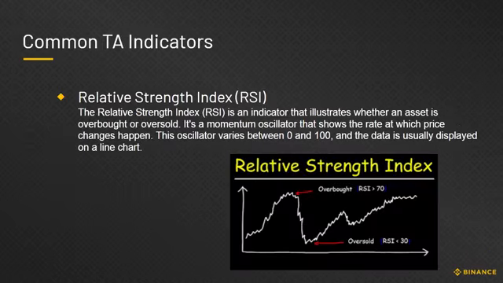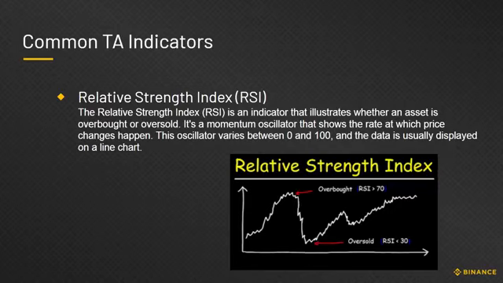So, common technical analysis indicators. The first one is called the relative strength index. The relative strength index is an indicator that illustrates whether an asset is overbought or oversold. It is a momentum oscillator that shows the rate at which price changes happen.